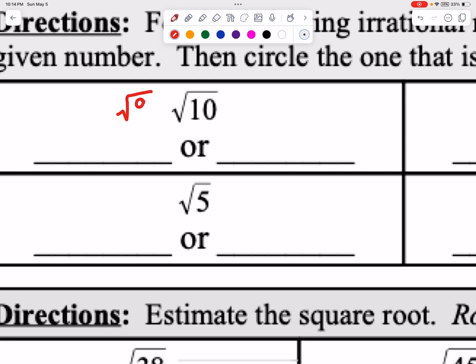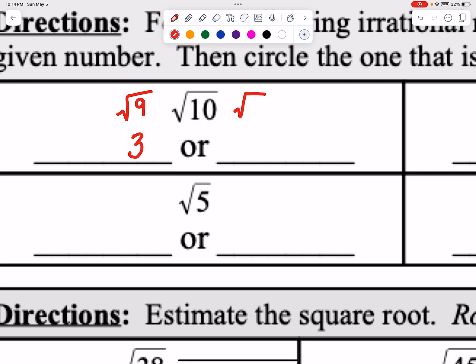So I'm going to pick the closest perfect square, and I know the square root of 9 is going to make a perfect square, 3 times 3. And then I'm going to pick the next highest one that I know. If I think about 3 times 3 is 9, I could put a 3 here.